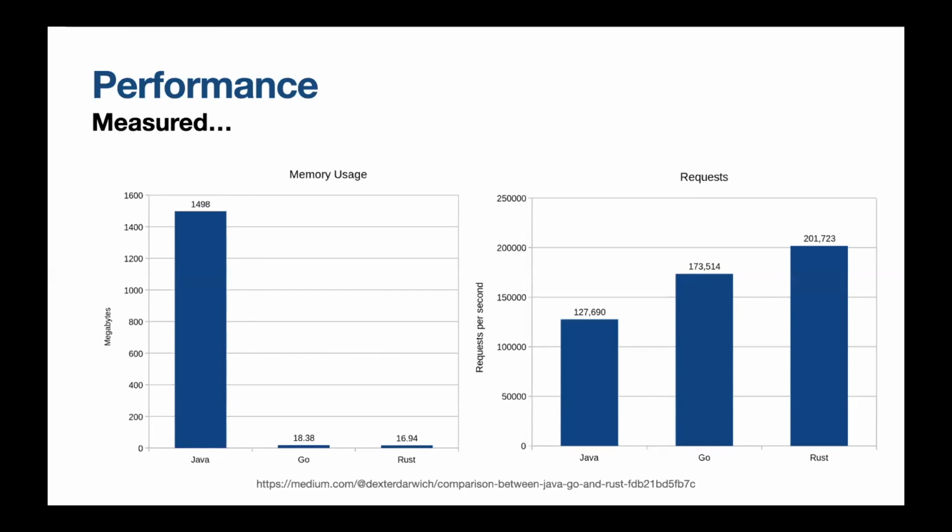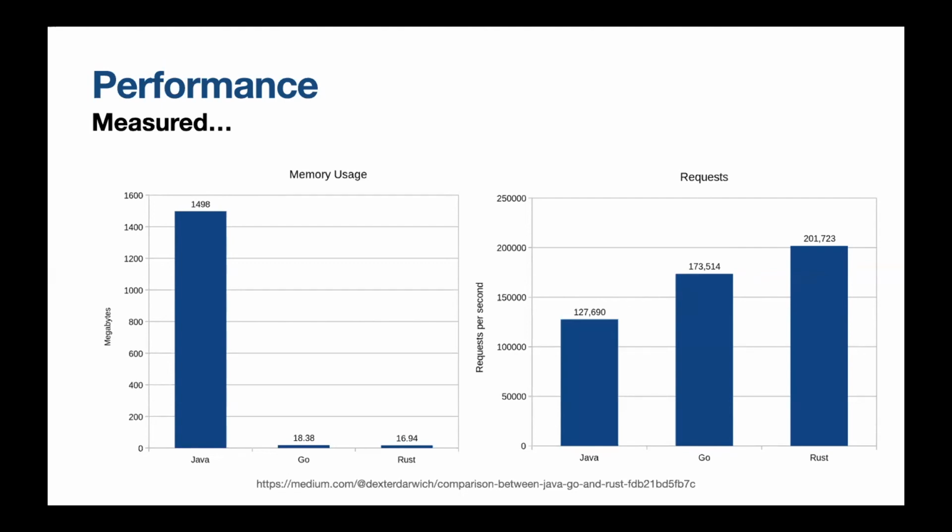For performance, I found an interesting Medium article that I linked at the bottom. This guy wrote a backend web application implementing 3 APIs. He implemented it in Java, Go, and Rust, and did a performance test on the 3 implementations.